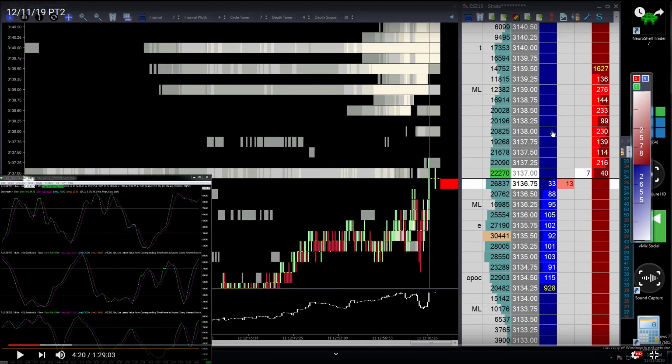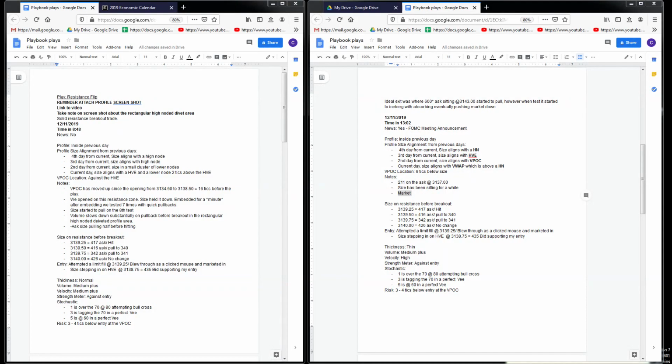Okay, so price, what the heck? Price hits 3137 even with good velocity.